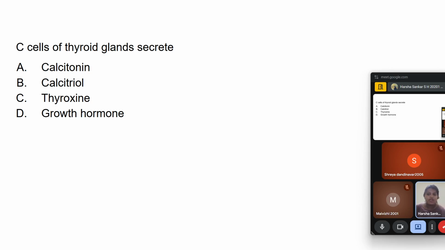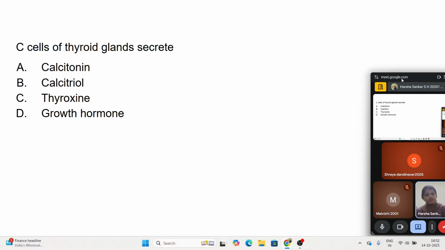One of them is the thyroid gland, and in the thyroid gland there are different types of cells, one of which is called C cells. So C cells in the thyroid gland secrete which type of hormone? Option A calcitonin, option B calcitriol, option C thyroxine, option D growth hormone.